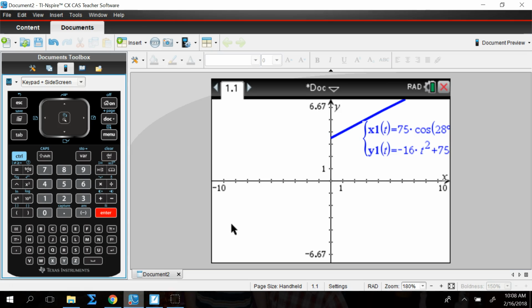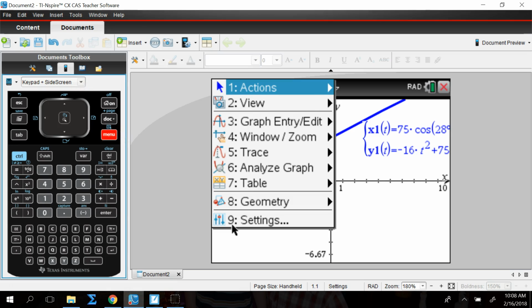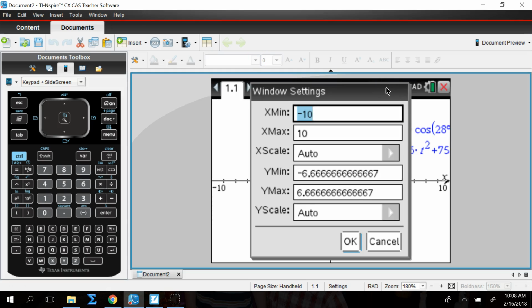Got to adjust my window now, right? If I go into my window, how far out do I need to go? I need to get at least 190 feet, right? So I'm going to go 210 feet, by tens.